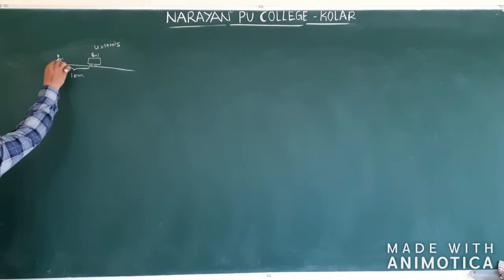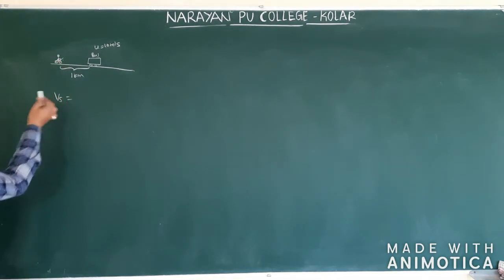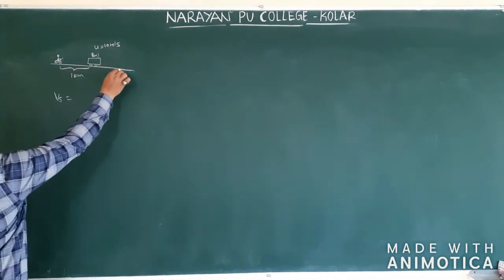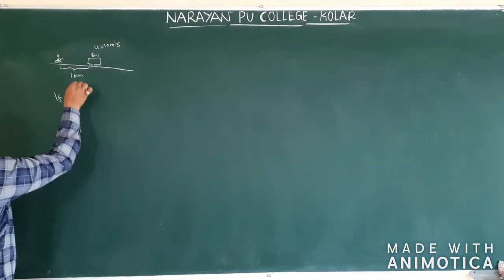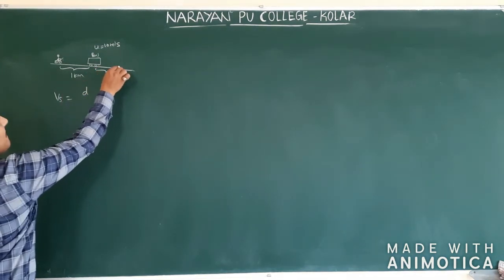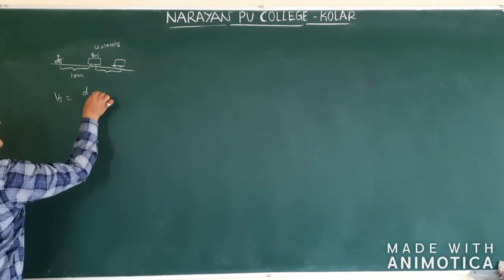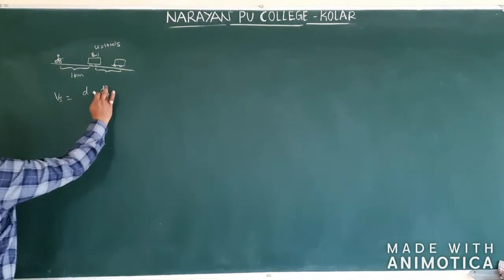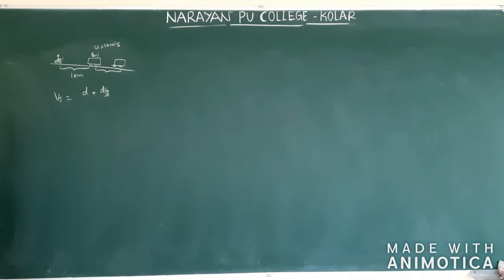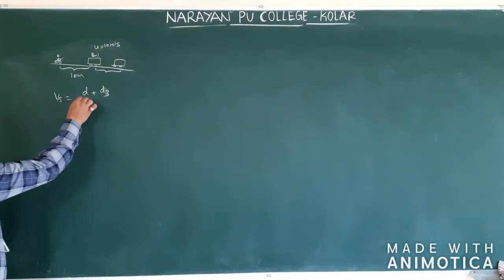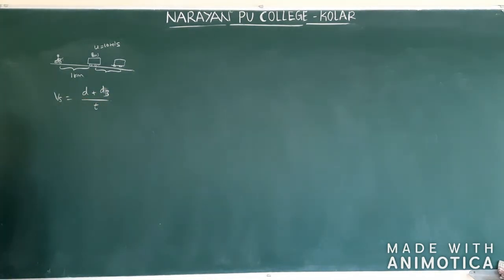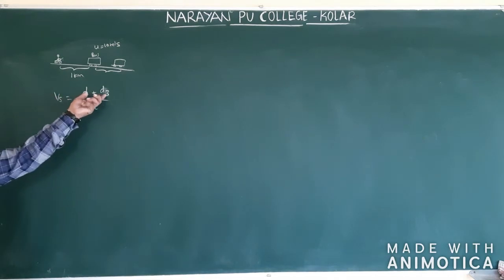Now the velocity of this motorist, Vs, is equal to total distance divided by time.